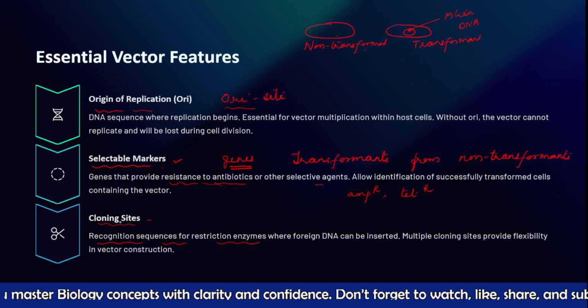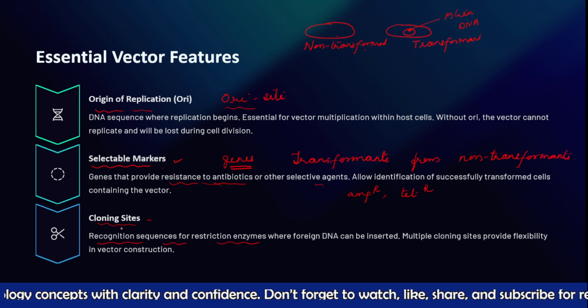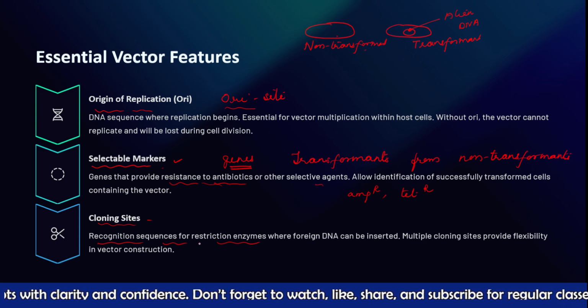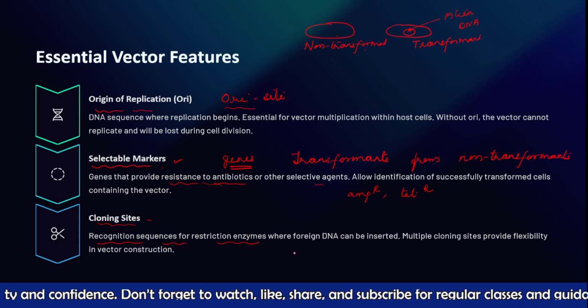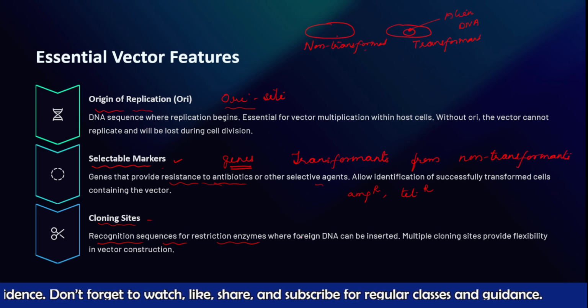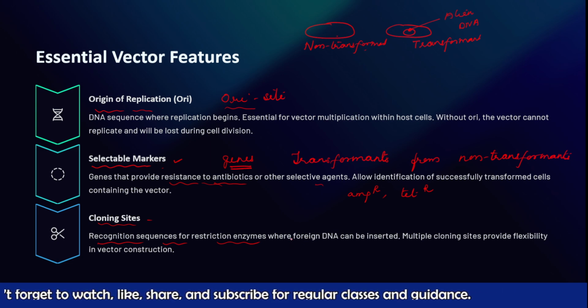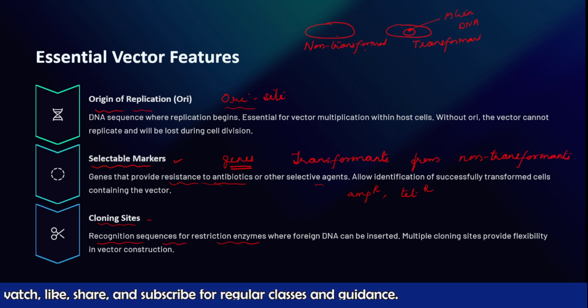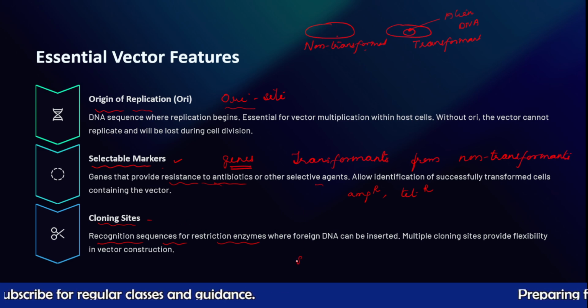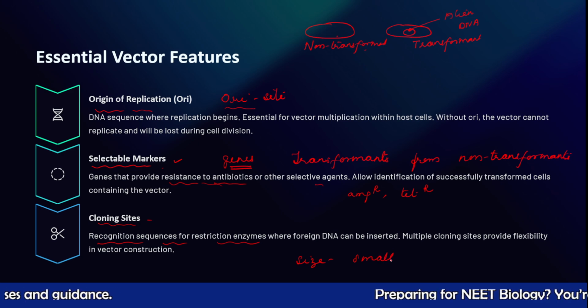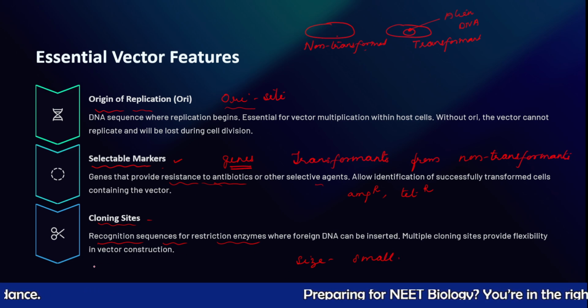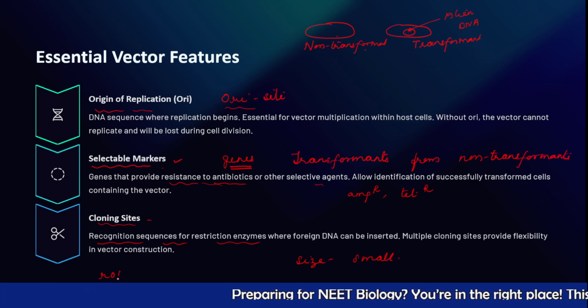So in the plasmid, at least one recognition site should be there. Then only it is considered a vector in rDNA technology. In addition to those three important features, the size of the vector should be small. And there is one more site, called the ori site.